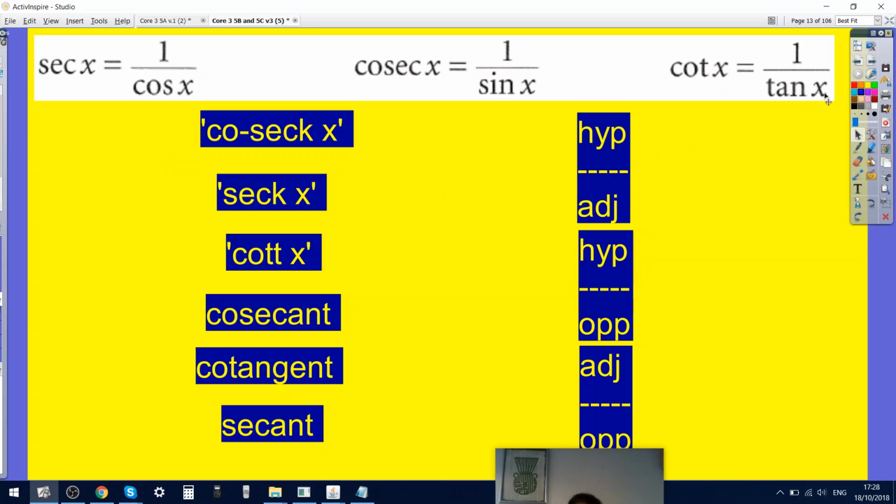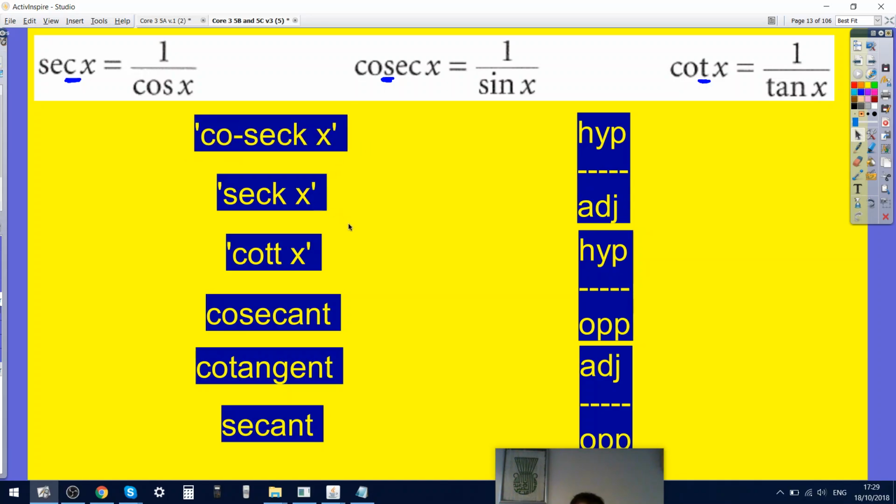And you can always just look at the third letter. So cosecant matches up with 1 over sine x, secant matches up with cos, and cotan matches up with tan. Okay, put them in the right place.